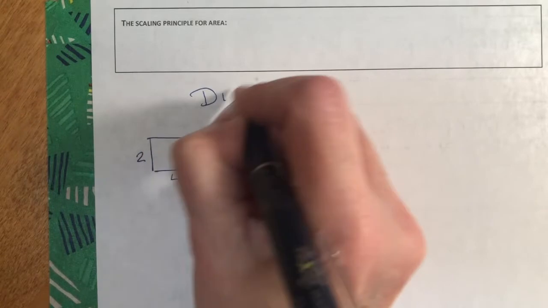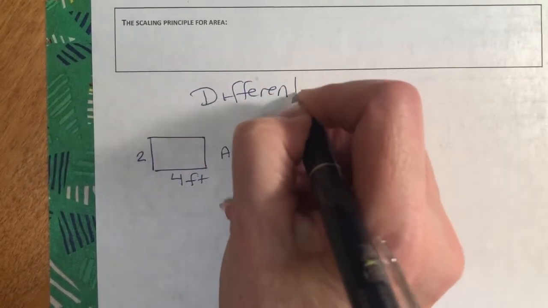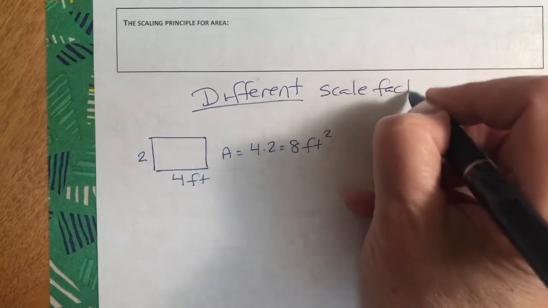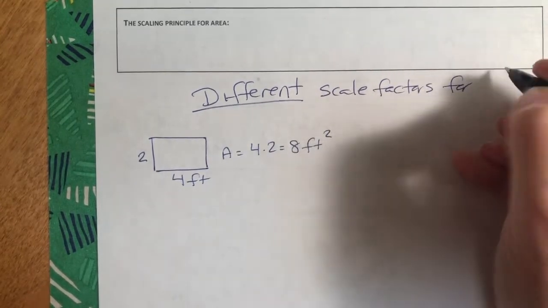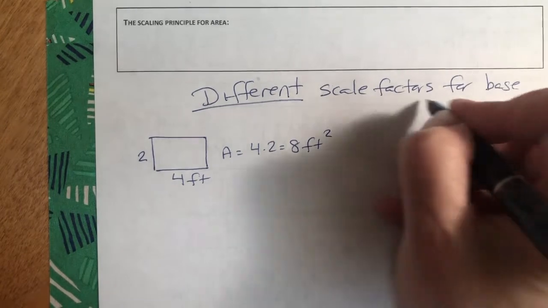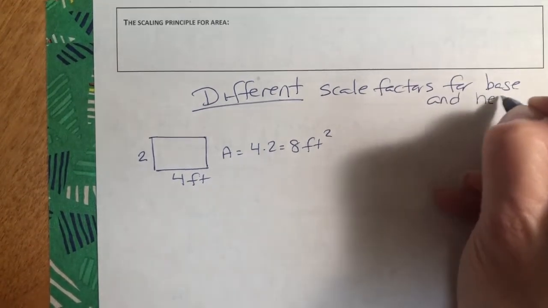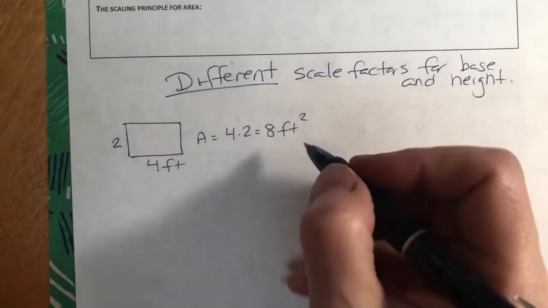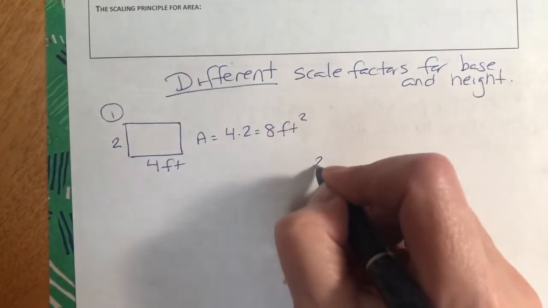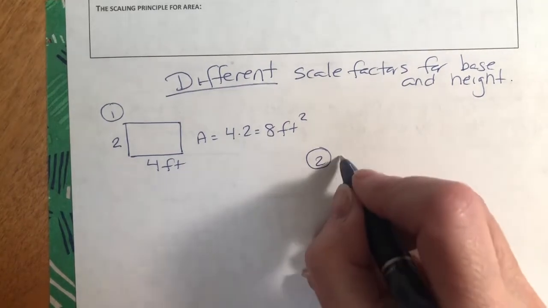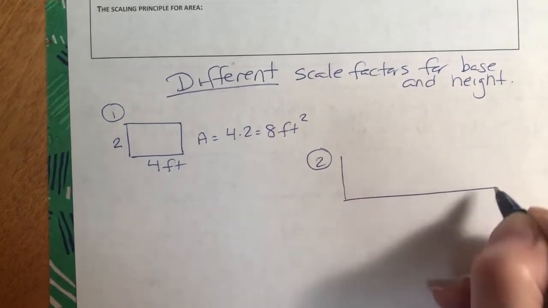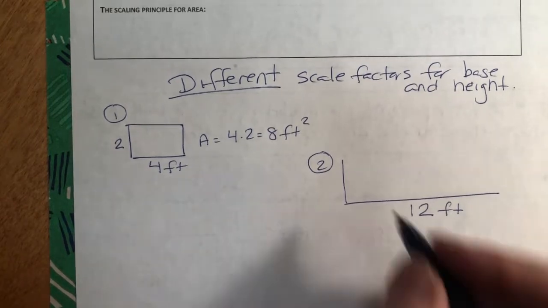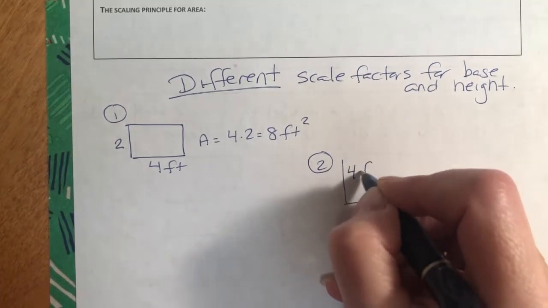But what if we have different scale factors for base and height? Okay, what if it's not the same? It's not a dilation. It's going to change the shape, okay? Because what if our new rectangle, what if the length was 12 feet, and what if the height was 4 feet?